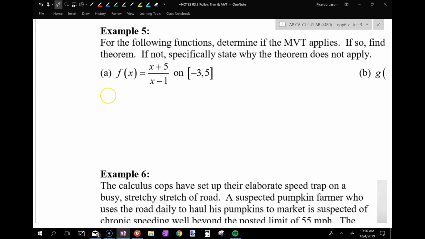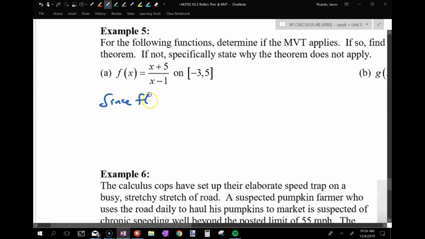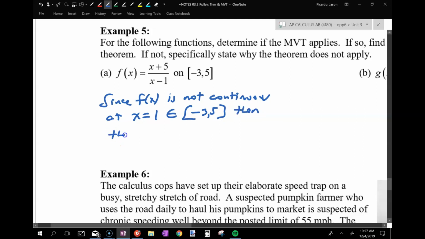So since f of x is not continuous at x equals 1, which is an element of that interval, then the mean value theorem does not apply on the interval -3 to 5.